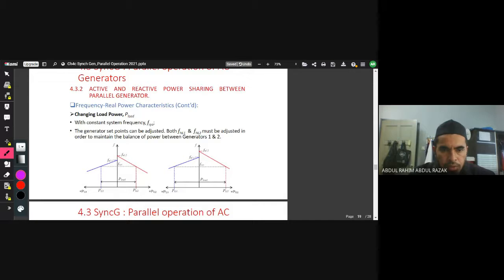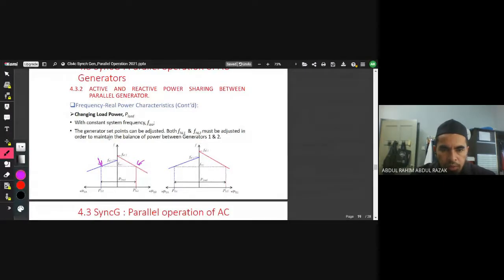With constant frequency, if we set the frequency at constant, both the frequency at no load and at full load must be adjusted in order to maintain the balanced power between generator 1 and 2.